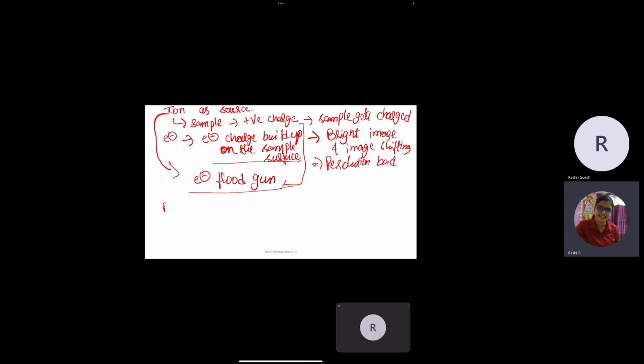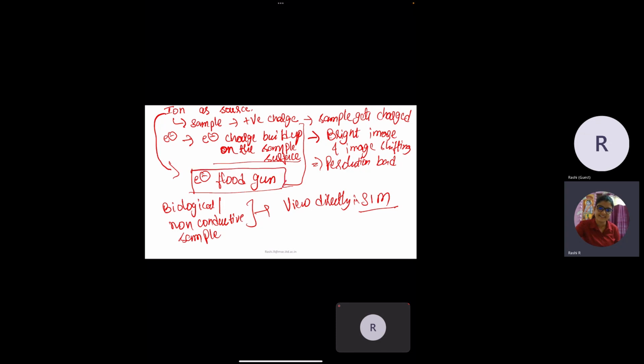So any biological samples or non-conductive samples we will be able to view directly in scanning ion microscopy because of the electron flood gun that we provide.